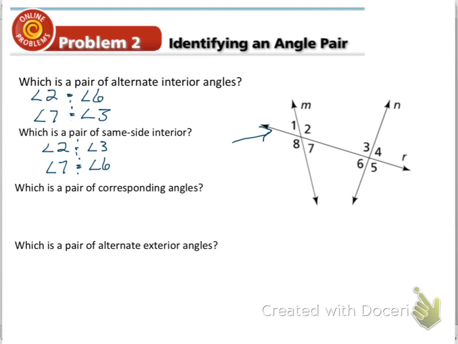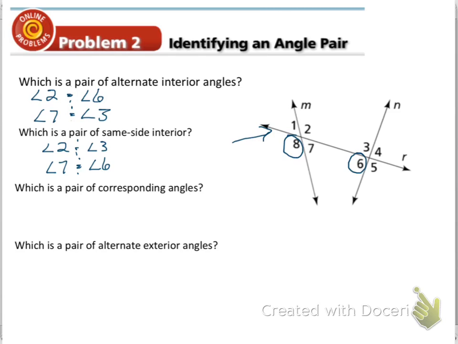Now we're going to be looking at corresponding angles. Corresponding angles are on the same side of the transversal, but in the corresponding spot. So here I pointed out the transversal, and on one side, this is to the left of one of the lines.